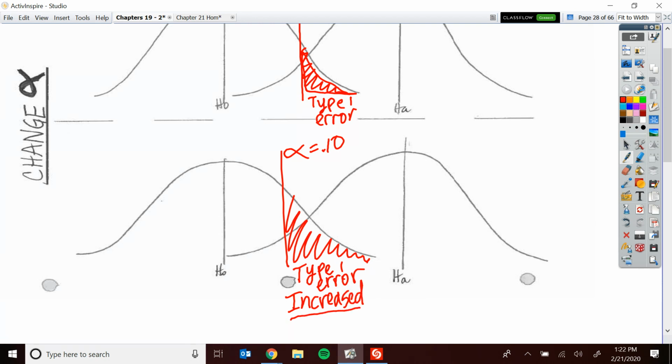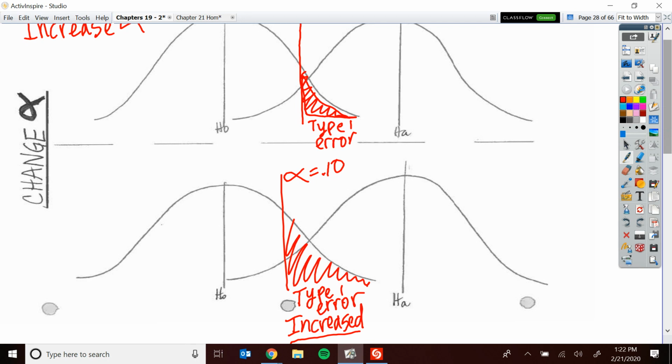On all of these things, I'm going to use the same color. I'm going to use red to represent my alpha, the rejection region. We're supposed to do that in marker and color? That would be good if you did it, yeah. That's kind of what it was intended for.